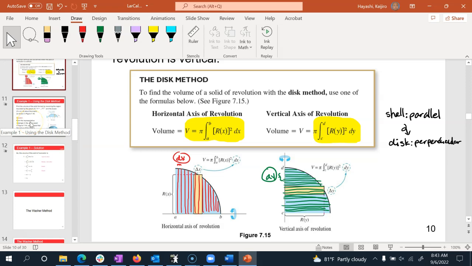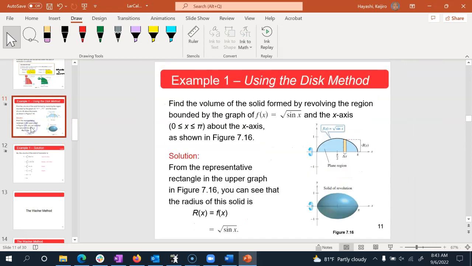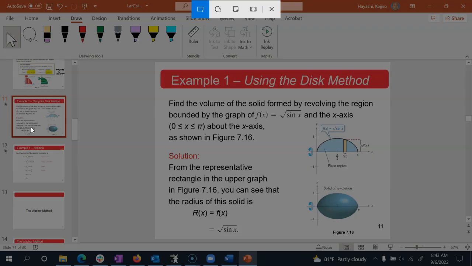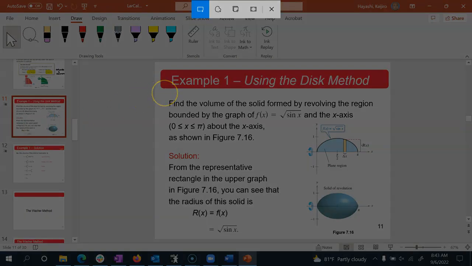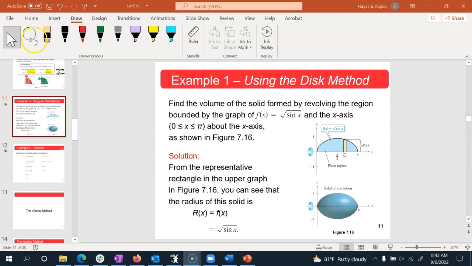So we'll see an example here. Let's click on the last. No, wait, hold on.